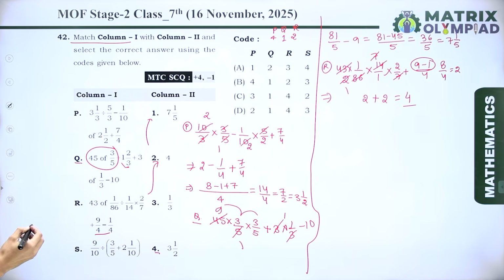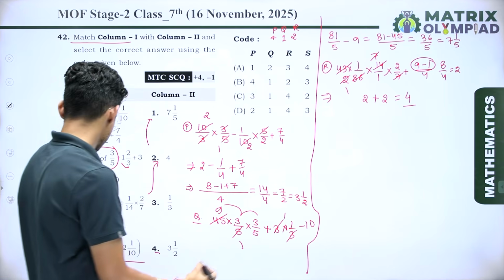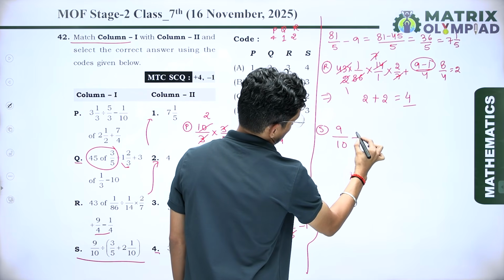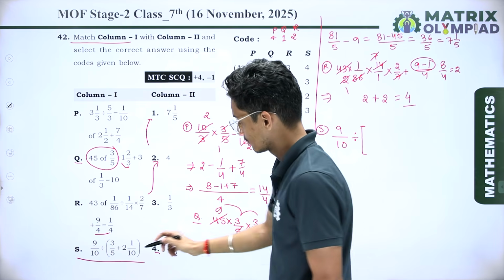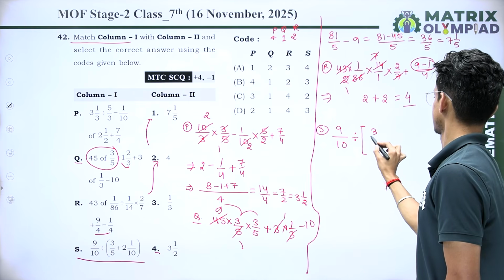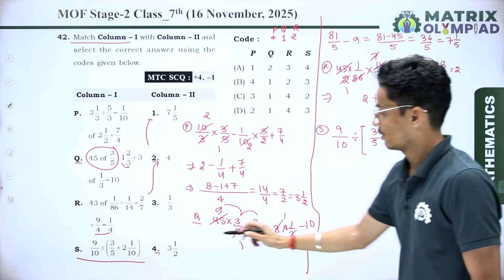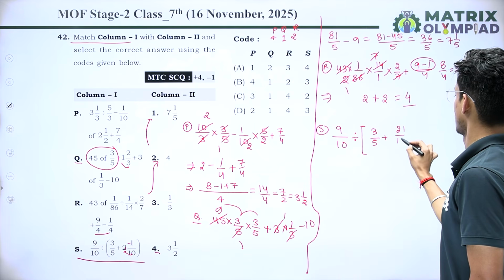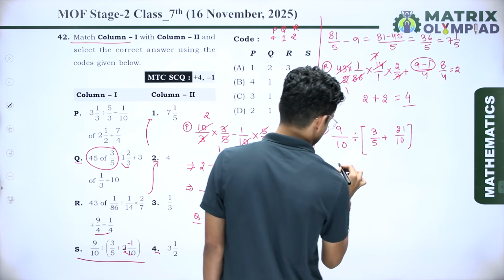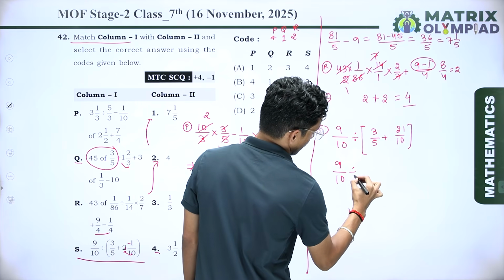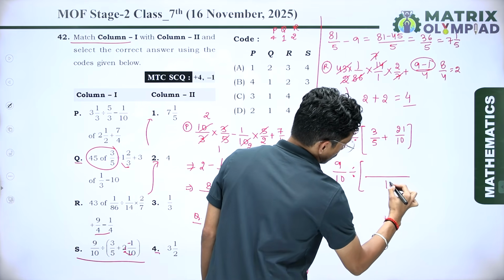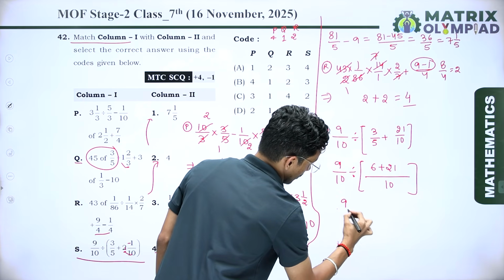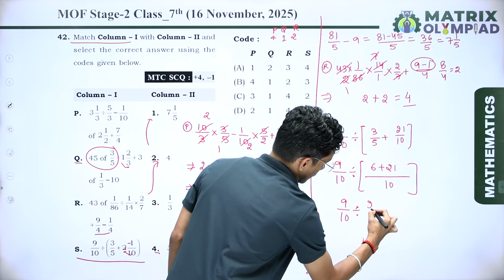And last, that is S. Here we have 9 upon 10 divided by bracket 3 upon 5 plus 2 multiply by 10, 20, 20 plus 1, 21 upon 10. So here we take LCM, that is 10. So 9 upon 10 divided by, if we take LCM 10, so I can write here 3 2s are 6, 6 plus 21, that is 9 upon 10 divided by 27 upon 10.